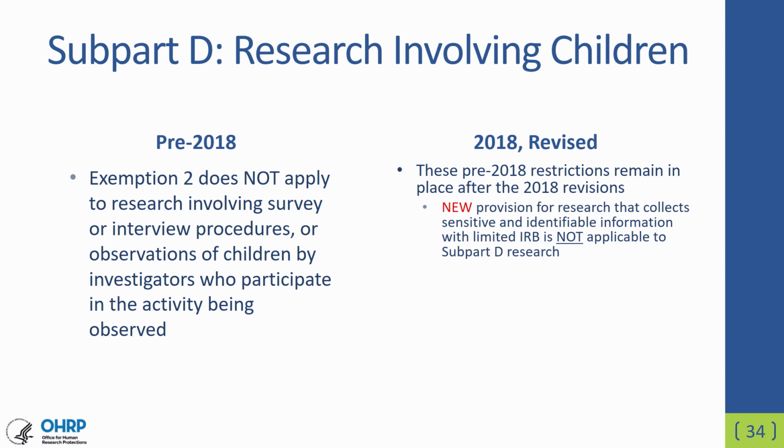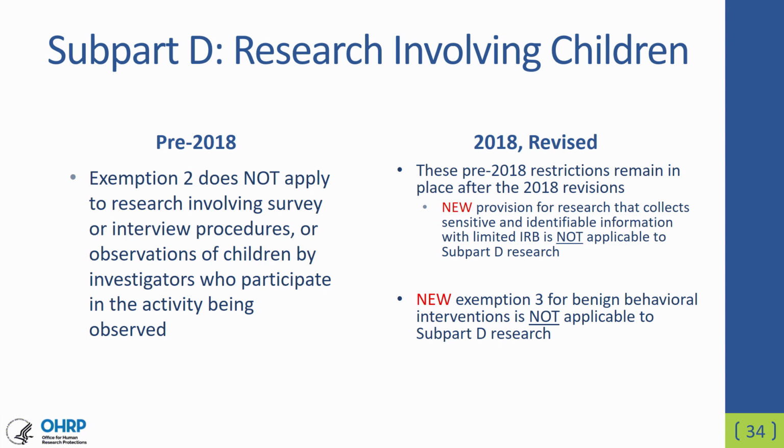And in addition to them, the new provision for research that collects sensitive and identifiable information with limited IRB review is also not applicable to research with children. The brand new Exemption 3 for benign behavioral interventions is also not applicable to research with children in its entirety. Under the pre-2018 Common Rule, all the other exemptions apply to research with children, and they continue to apply to research with children under the revised Common Rule.